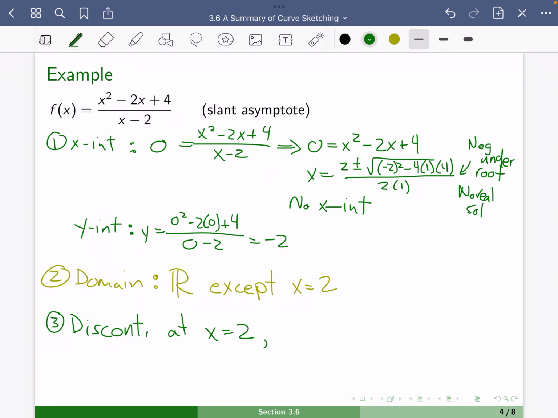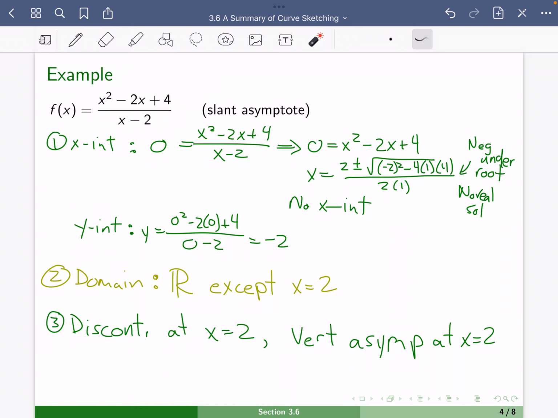Well, that's going to be a vertical asymptote. We can observe that because if we plug in 2 on top, we will get something that is not 0, but on bottom we will get 0. So we're going to have a vertical asymptote there when x is equal to 2.